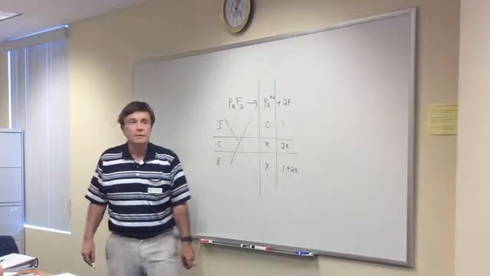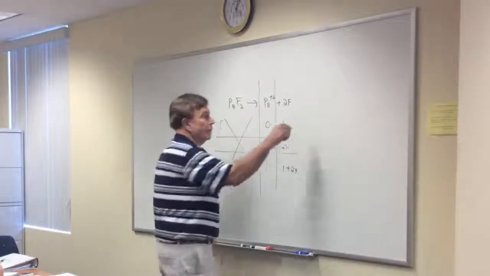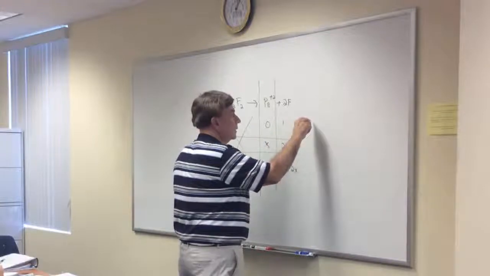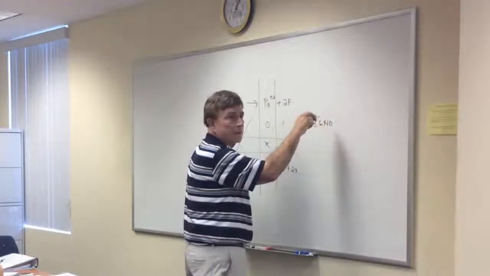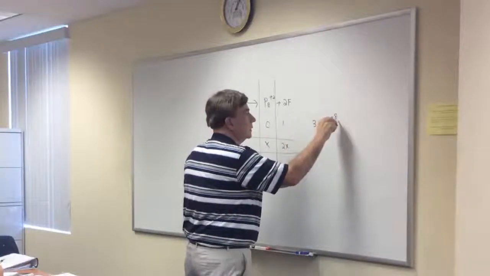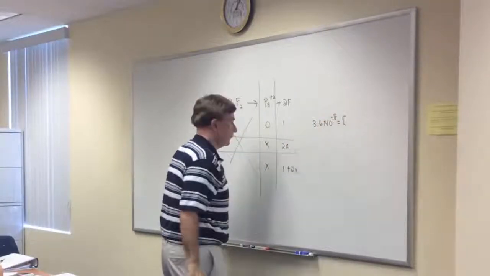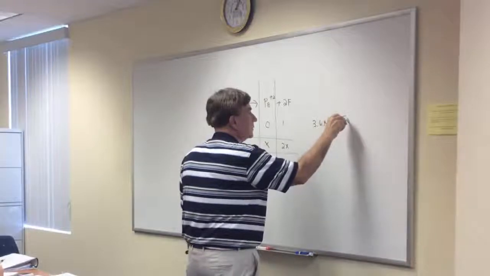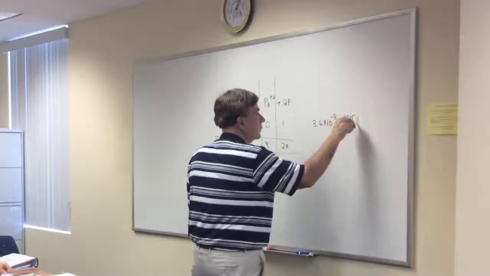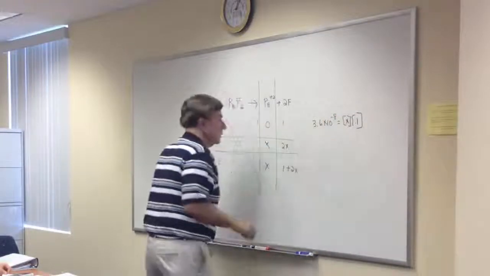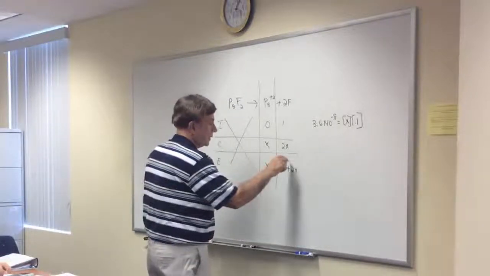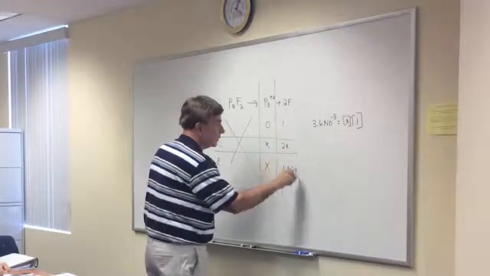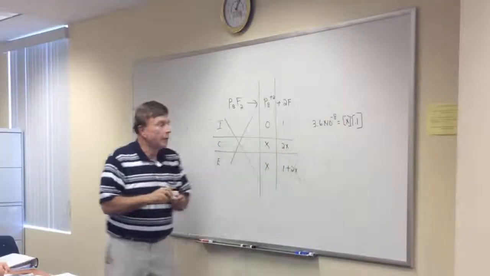So what I mean by that is 3.6 times 10 to the minus 8 is equal to x times 0.1. She will tell you there are reasons for this, which we're not going to get into.